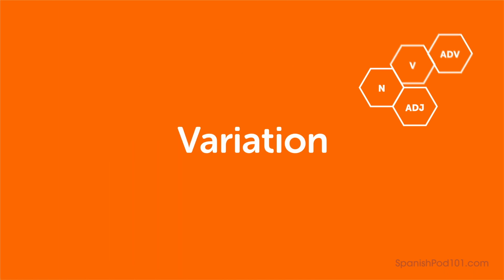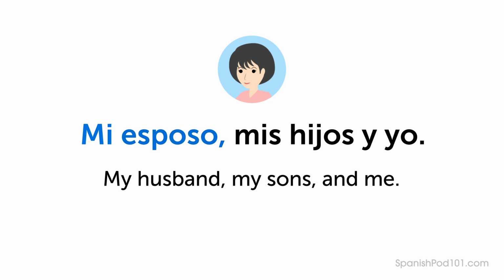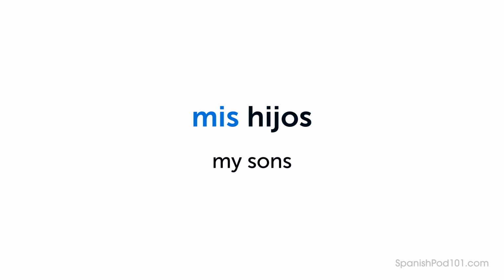Did you notice how the last speaker only names 3 family members? Mi esposo, mis hijos y yo. My husband, my sons, and me. Mis hijos means my sons in this case.